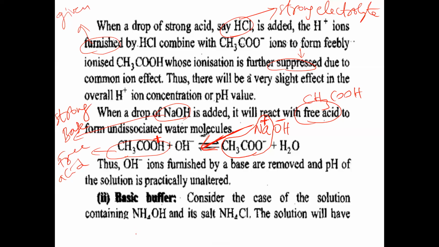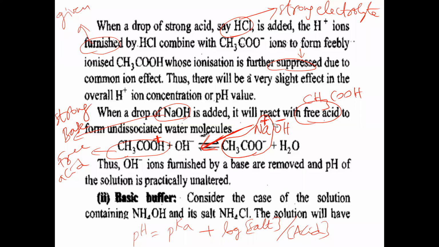We have the formula of acidic buffer now. pH is equal to pKa plus log of salt concentration by acid concentration. Now when acid is added to acidic buffer, what is happening? The acid concentration is increasing, and salt concentration decreases automatically.